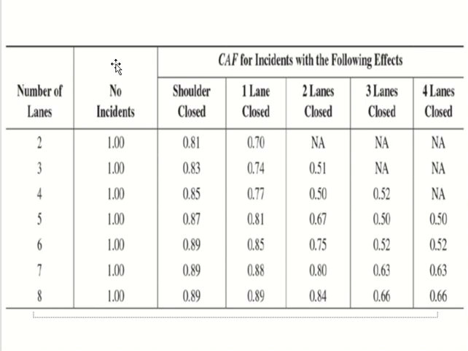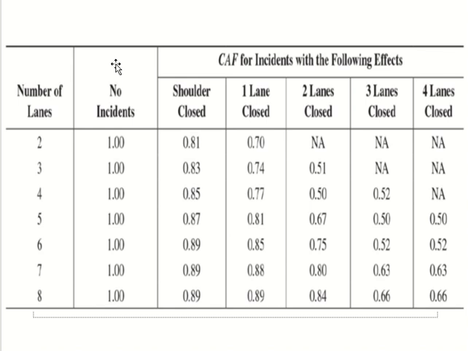But if there are incidents, then you should know how many lanes were there normally and how many lanes are closed because of the incident, because of the accident. Maybe the shoulder is closed only, maybe the first lane is closed, maybe the second lane is closed. You can see some of the values are written as NA, non-applicable, or not available.